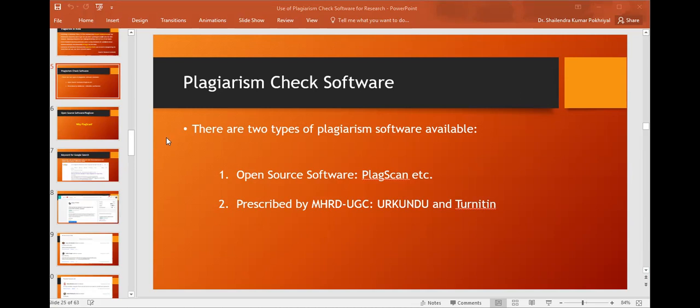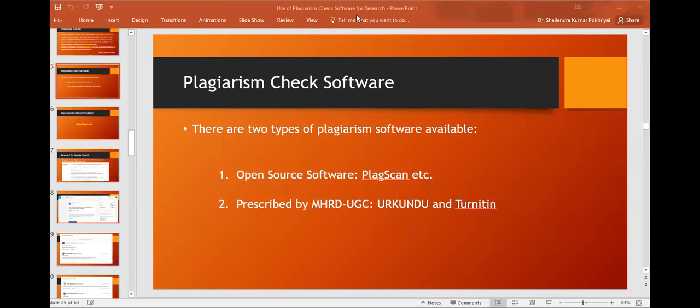Let me tell you, initially UGC recommended Turnitin, but recently UGC has again recommended Urkund, because Turnitin is a global software run by a USA company, but Urkund is our national software. But if you see the process of both Urkund and Turnitin, you will find there is quite a problem in the case of Urkund rather than Turnitin. There is a hell and heaven difference.